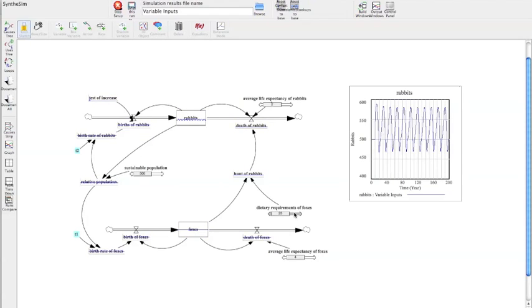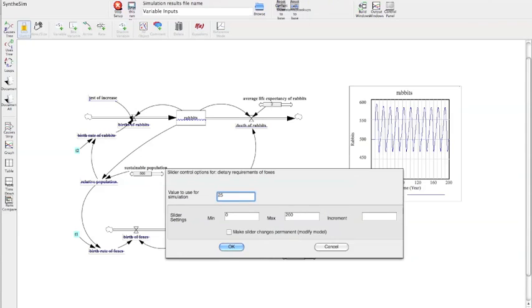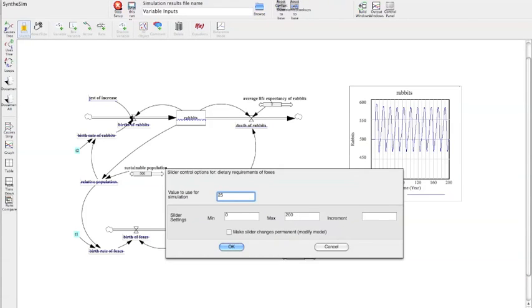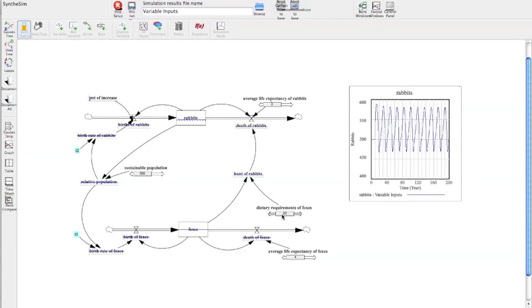Let's see. You can actually click. If you click on the arrow, you can fool around a little bit with the size, and we're using 25. I let it vary from 0 to 200, but I can just say let's vary between 0 and 50 if you want to restrict it, and then it will give you less leeway.